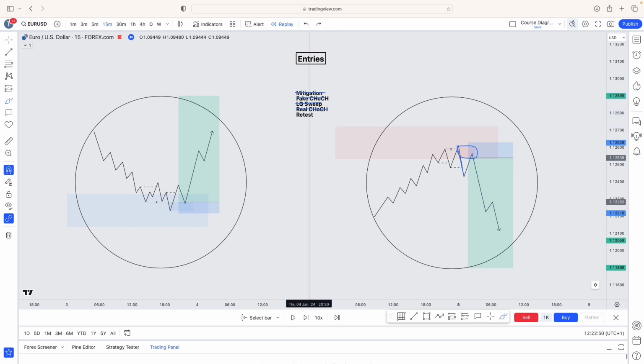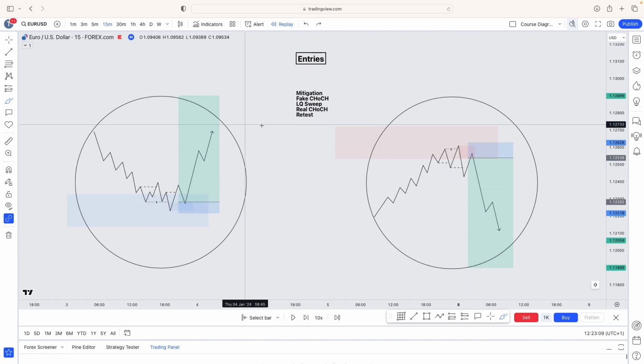We have 5 criteria that need to be met and it is 100% mechanical because it is all using fractal structure, okay? So we have a mitigation. We have to have that mitigation of supply or demand. We then have a fake CHoCH, which generates strong liquidity above the high or below the low.